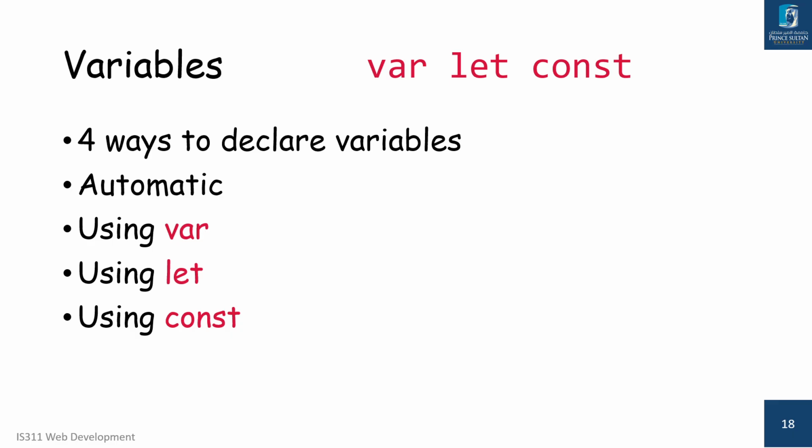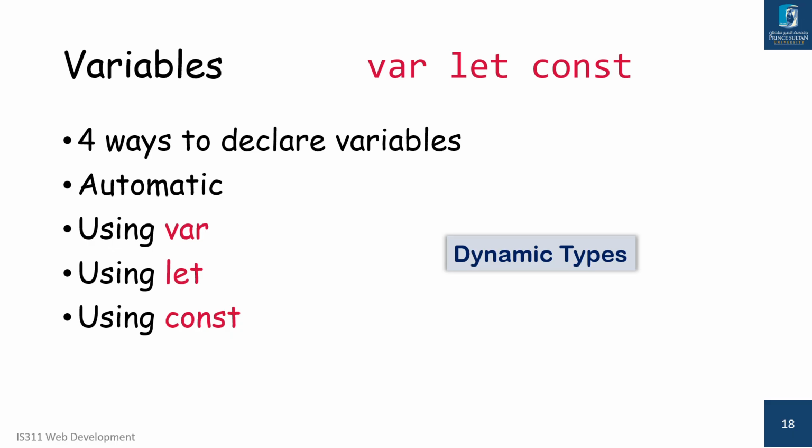There are four ways to declare variables: automatic, using var, using let, and using const. The other thing is that the types are dynamic. We are not specifying that this variable is integer type, this is string type, this is boolean type. We are not specifying that. It depends on whatever value we are assigning. For example, I say x is a variable and x is equal to 23.